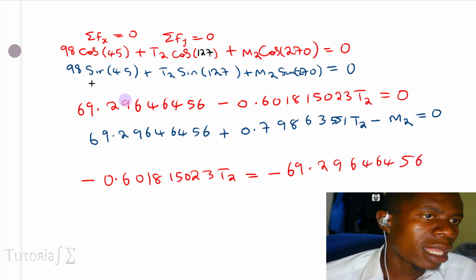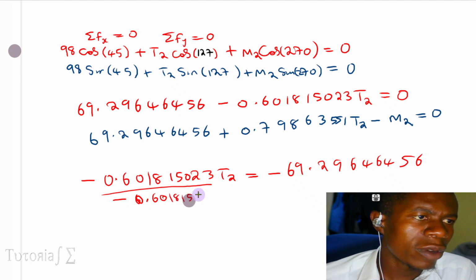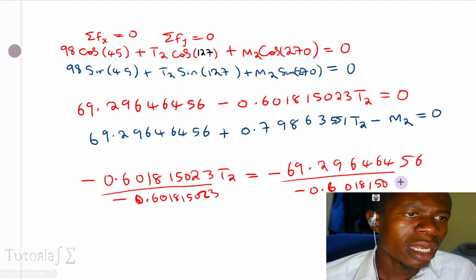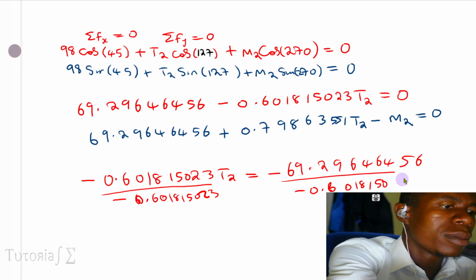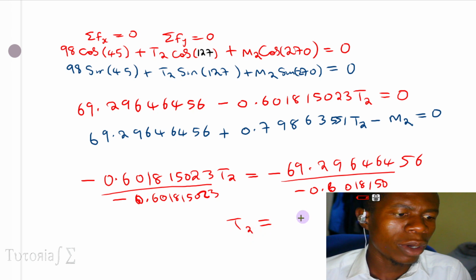Here I can find T2 by dividing both sides by negative 0.6018150023. When I divide that, this is giving me a tension T2 of about 115.14.